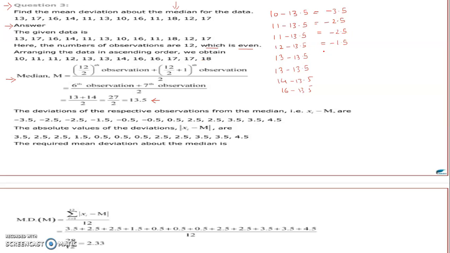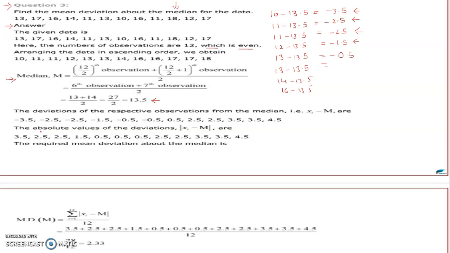That is why you get these values. Here if you subtract, you get minus 0.5. After subtracting you will get these values.